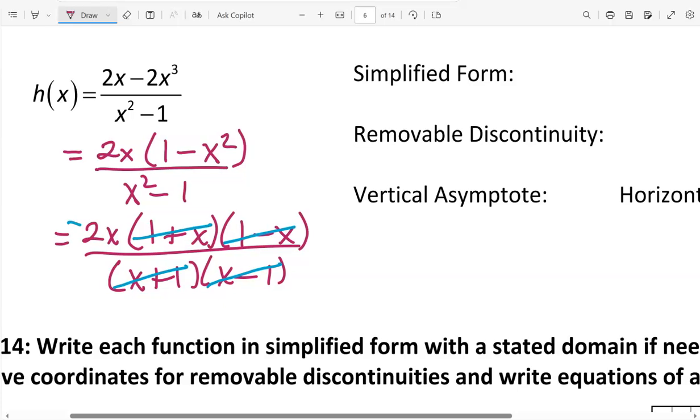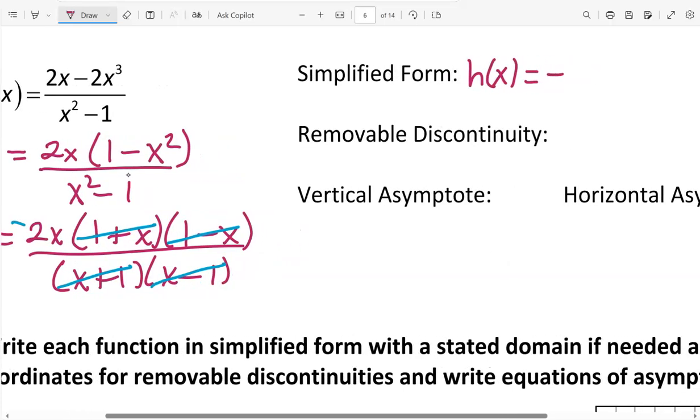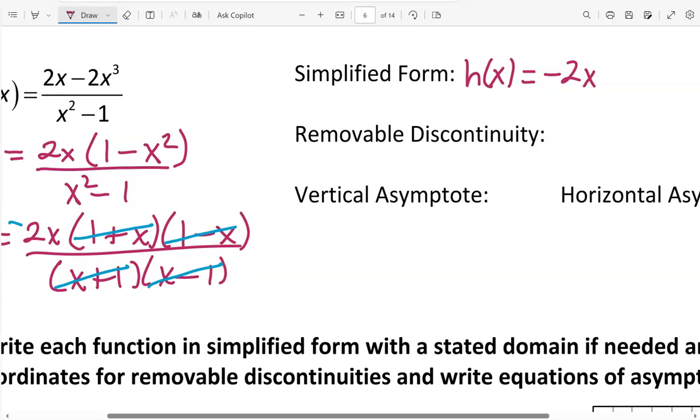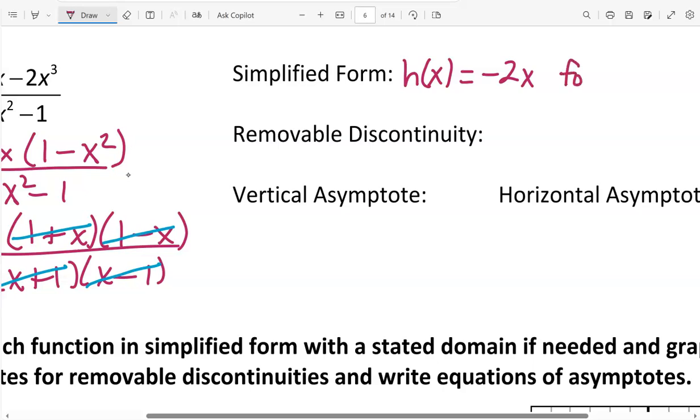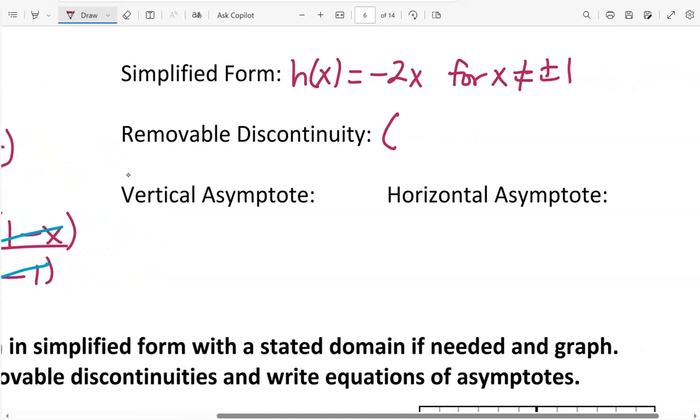So our simplified form is h of x is equal to negative 2x, but we've removed both factors x plus 1 and x minus 1, so we have to acknowledge that x cannot equal either positive or negative 1. This indicates two removable discontinuities, one at negative 1 and one at positive 1.